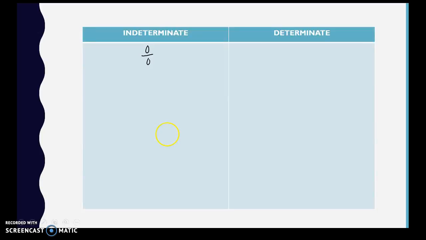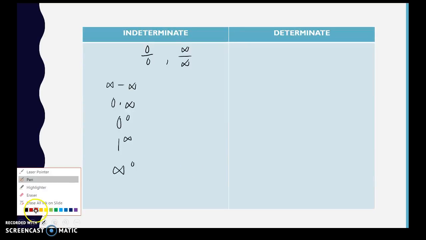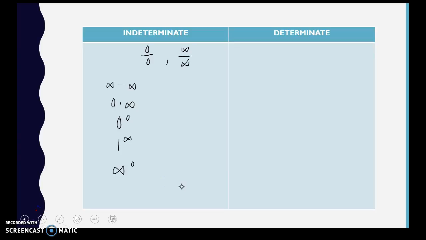So indeterminate forms: 0 over 0, infinity over infinity, infinity minus infinity, 0 times infinity, 0 to the 0 power, 1 raised to the power of infinity, and infinity raised to the 0 power. Sorry, guys. Only when these indeterminate forms result can we use L'Hopital's rule.